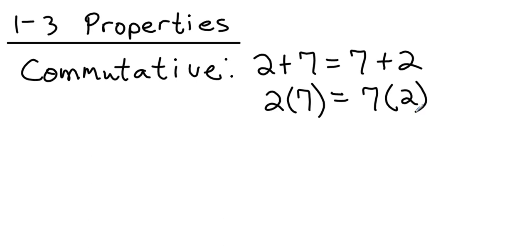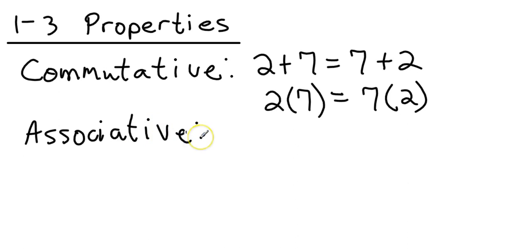We also have what's called the associative property. An example of this is if I group different numbers.